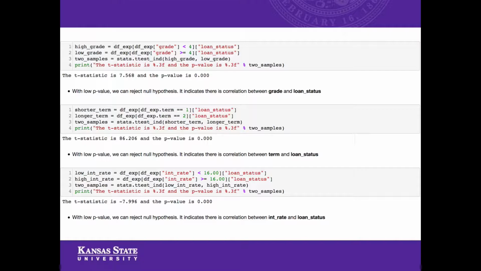As you see here, we set multiple null hypotheses that there is no correlation between grade and loan status, between term and loan status, and between interest rate and loan status. The first null hypothesis is that there's no correlation between the grade and loan status, and we got an almost zero p-value, which indicates we need other analysis, and the same for the other hypotheses.